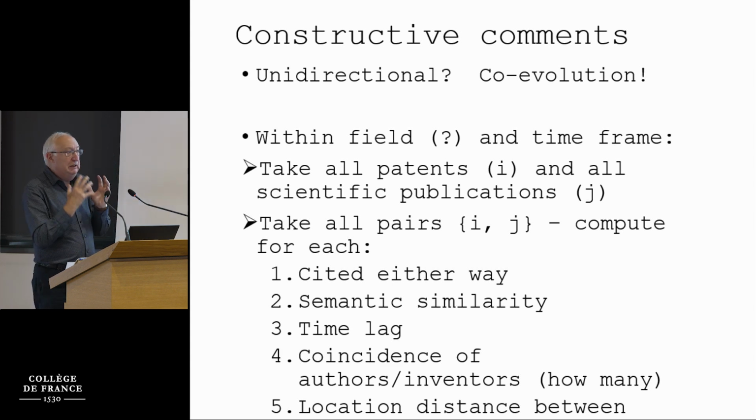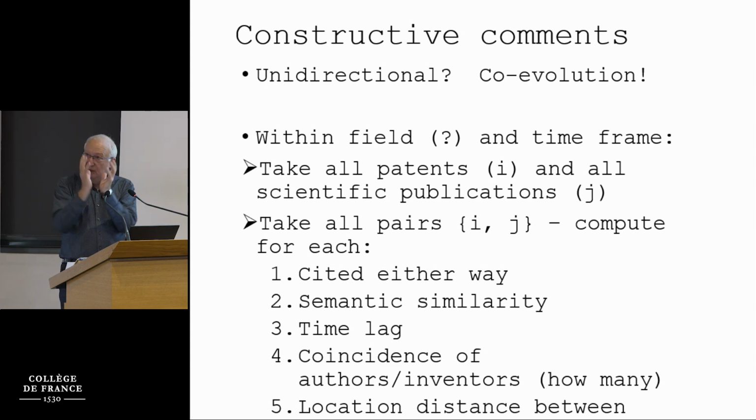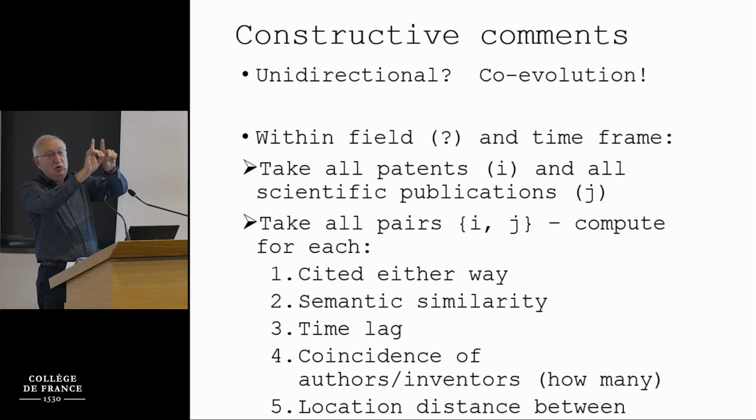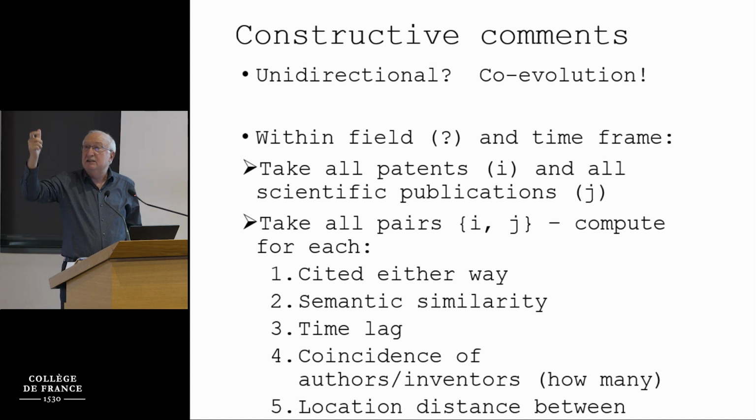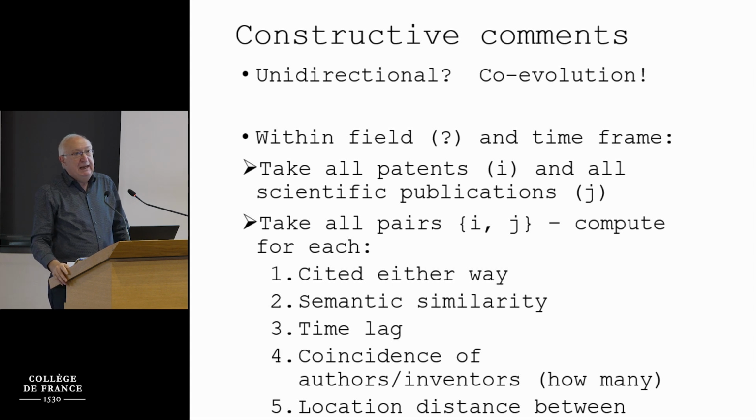Then take all the patents in that field in that time frame. And then take all the scientific publications in that field, in that time frame. And then take all the pairs of patents and publications, all the combinatorics of that, okay? And also all the pairs of patents and all the pairs of publications. So three types.